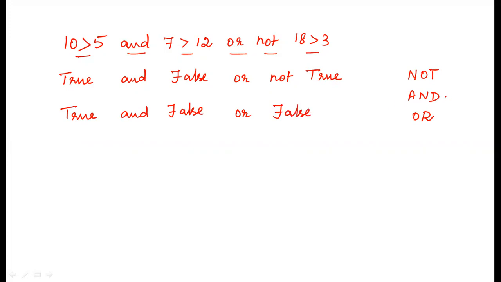So the next precedence goes to the and operator. So true and false gives us a false value, or false. False or false is a false value. The result is false.